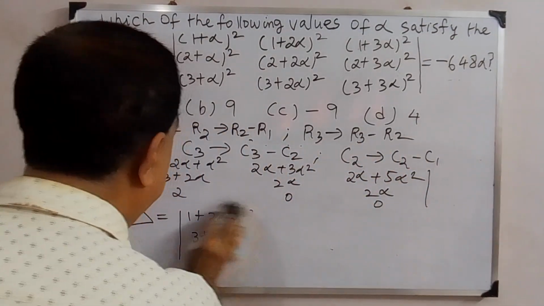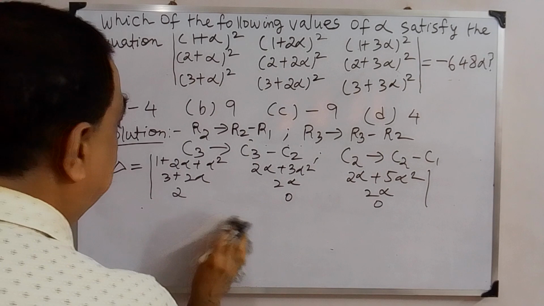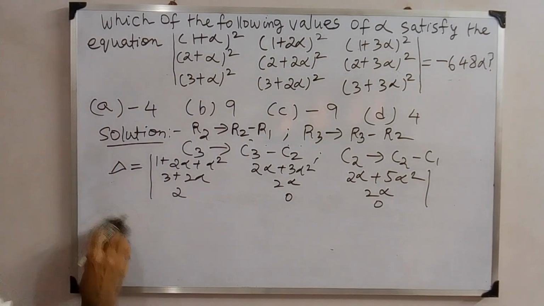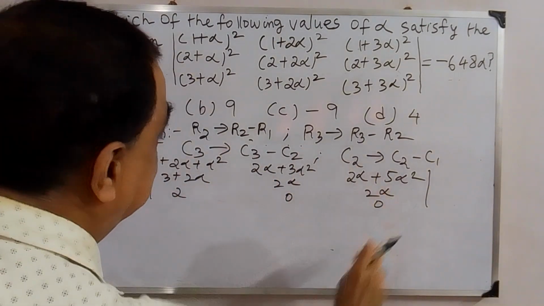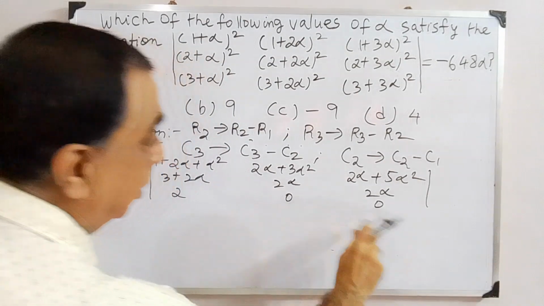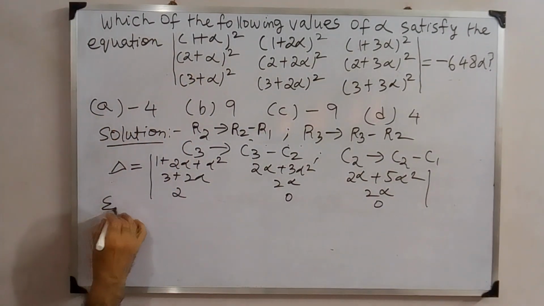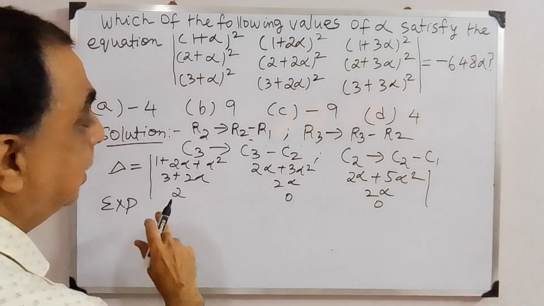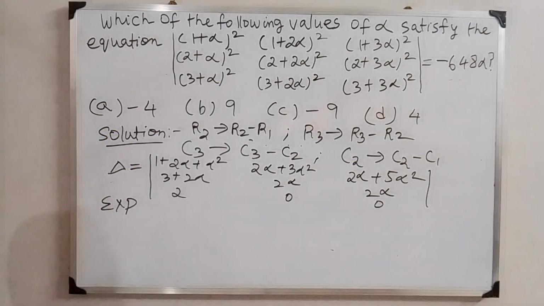Now see here, what we'll do now? We are expanding this determinant in terms of the elements of row 3. We can expand the determinant in terms of the elements of any row and any column.